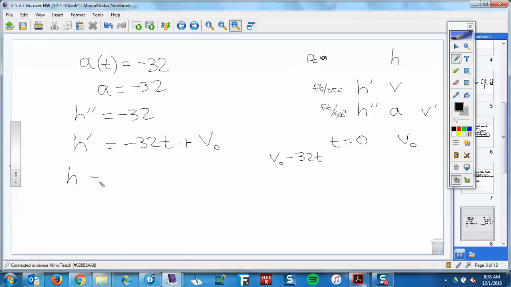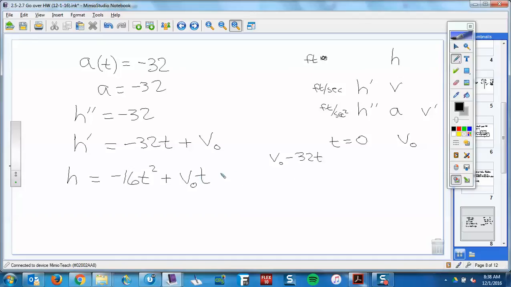Now we would get h. What's the antiderivative of negative 32t? Negative 16t squared. You raise that up to 2 and divide by 2. Plus, remember, v sub 0 is just a number. So what's the antiderivative of just a number? In this case, with t, the antiderivative of 7 is just 7x, so 7t.